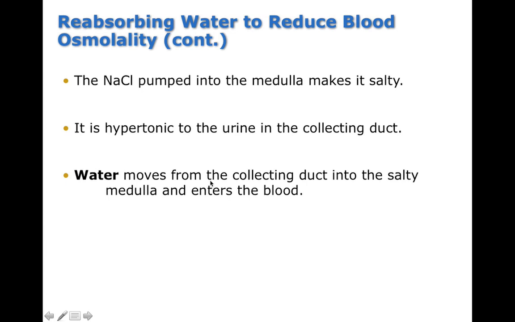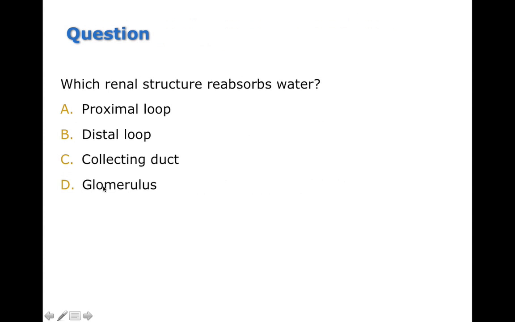And so water gets reabsorbed from the nephron itself, or even from the collecting duct, from that filtrate back into the tissue fluid. And then from there, it can enter your bloodstream again. And this is a very important aspect because we wouldn't want to lose all of our water into our urine because you would dehydrate extremely fast. So drugs that make your medulla less salty prevent you from reabsorbing water, which then would cause you to lose more water into urine.